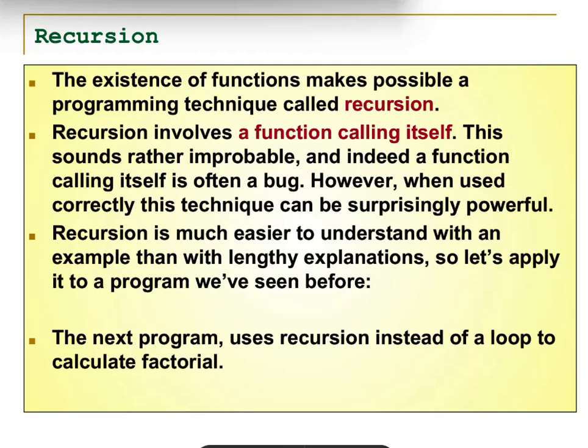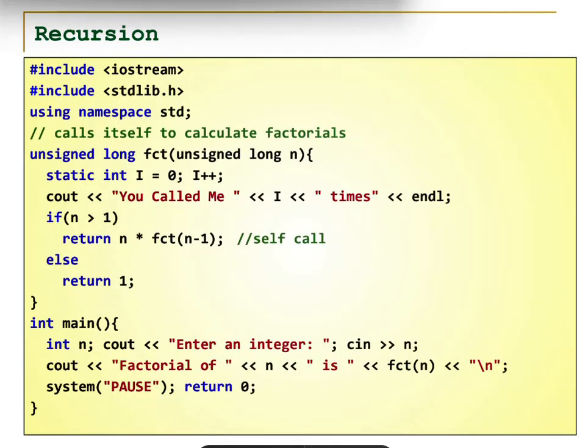Recursion is much better understood with an example than with lengthy explanation, so let's apply it to a program we've seen before. The next program uses recursion instead of a loop to calculate factorial. This program uses recursion to calculate the factorial instead of loops.